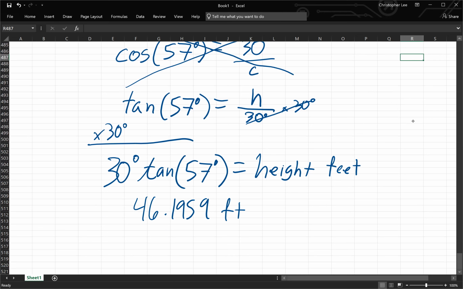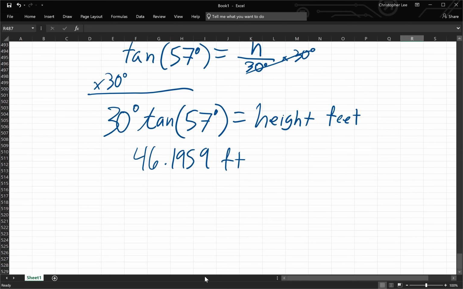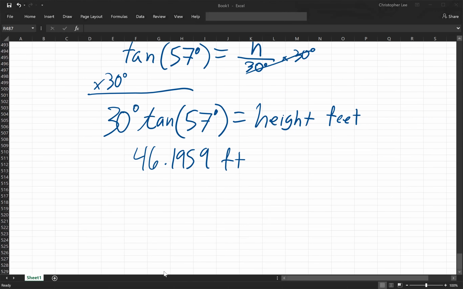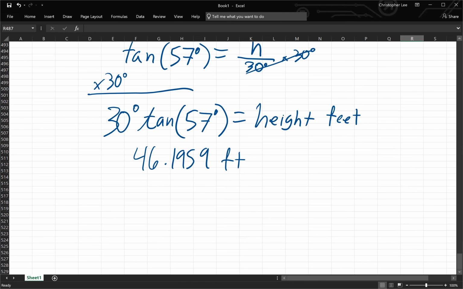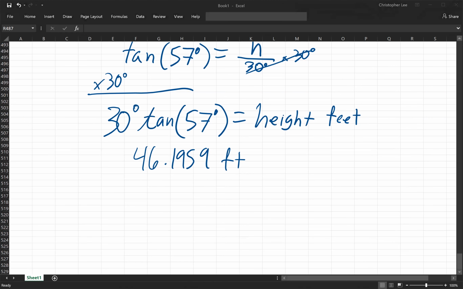Whatever the answer is, I trust y'all's calculators. No, it's not on your final. I want you to see it though. It's an applied thing. 46.19, yeah, that's good. I would get 46.2 on the calculator.